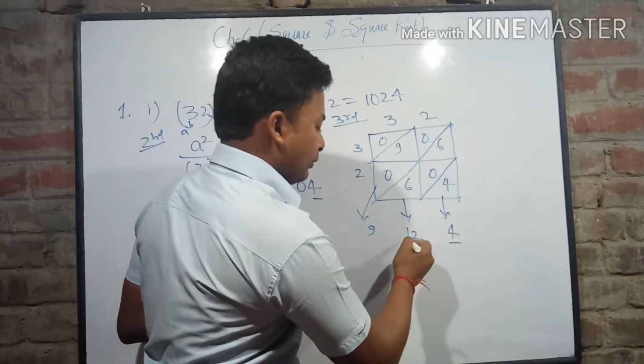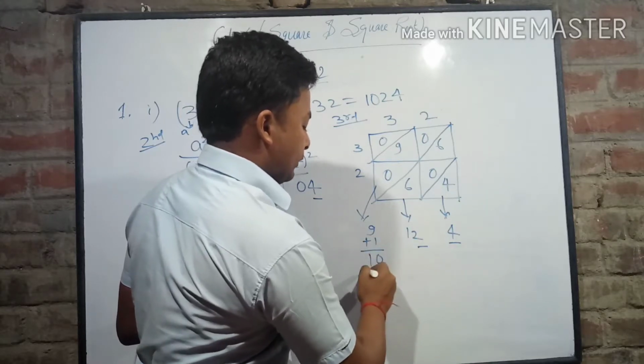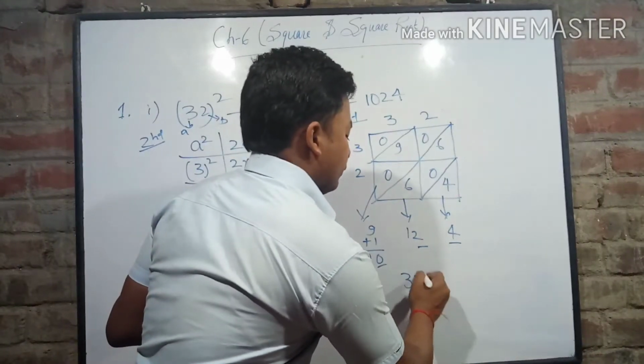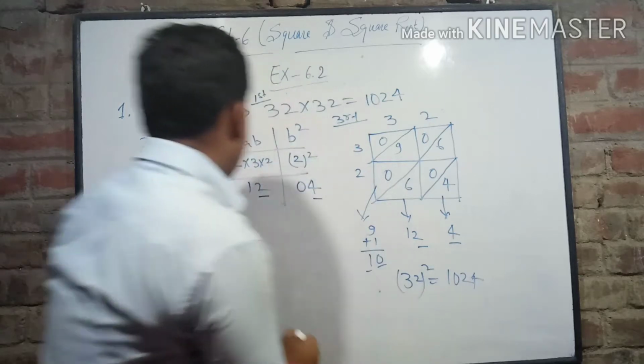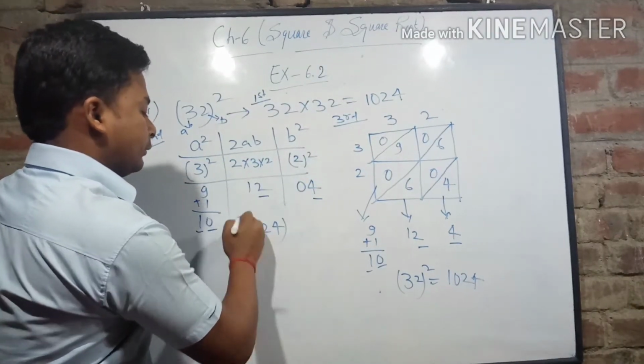It is 4, it is 2, and this place is carried to the next place. So again the answer is 32 square is equal to 1024. Here also you got the answer as 1024.